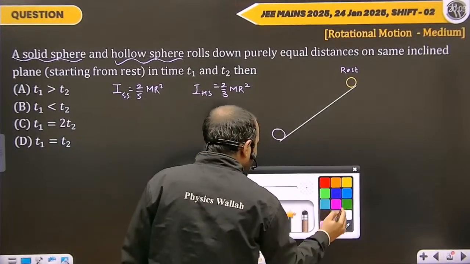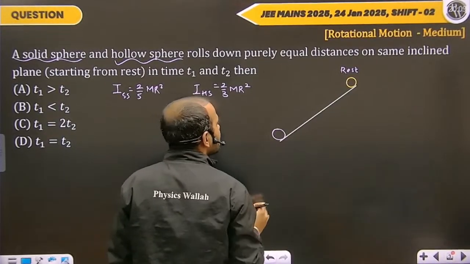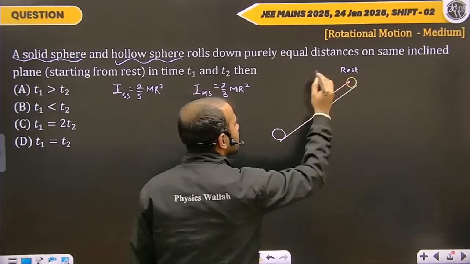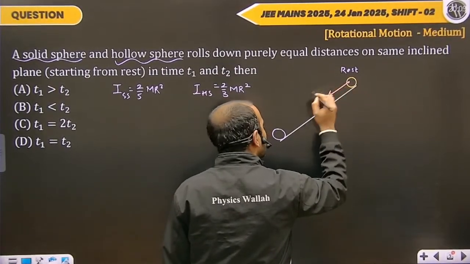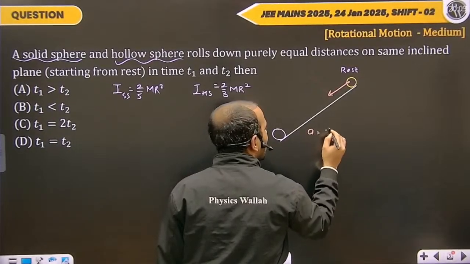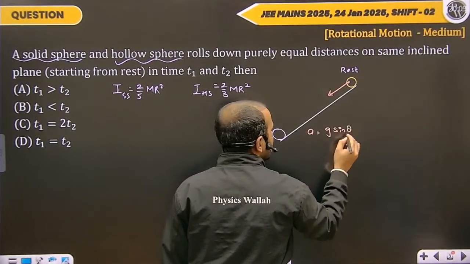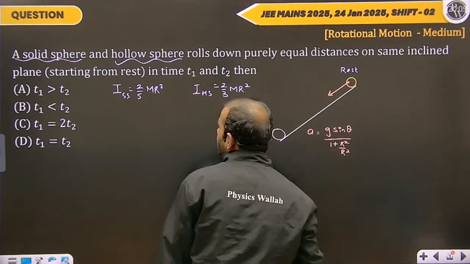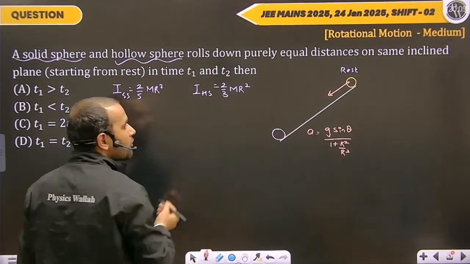So for that reason, it will have a certain acceleration. And what will be the acceleration of the body which is resting here and will come down? The acceleration is simple. We all know the formula, g sine theta divided by 1 plus k square by r square. So we have a solid sphere as well as a hollow sphere.